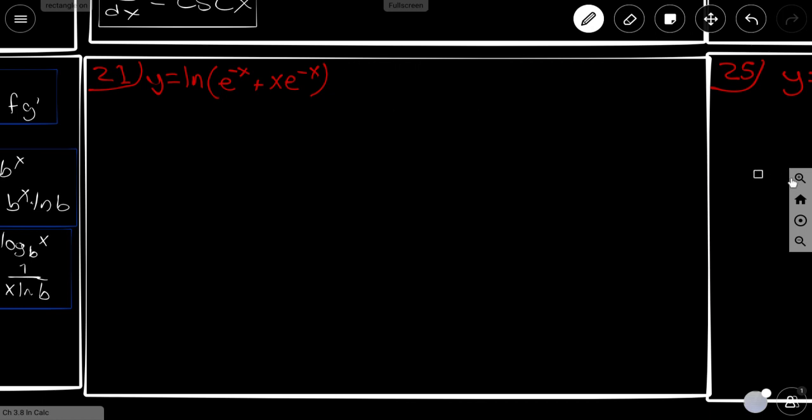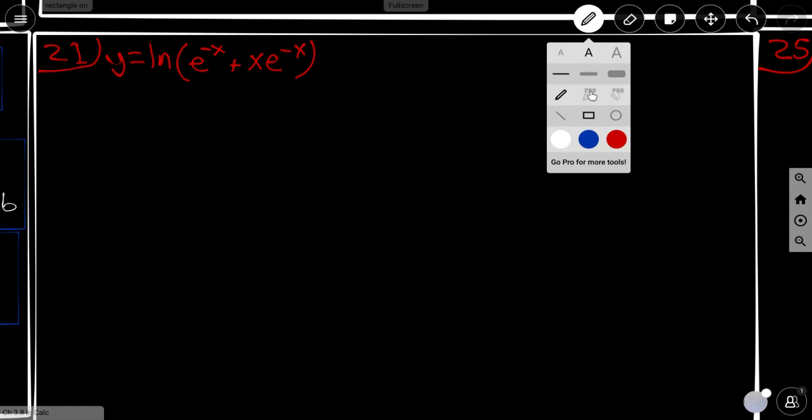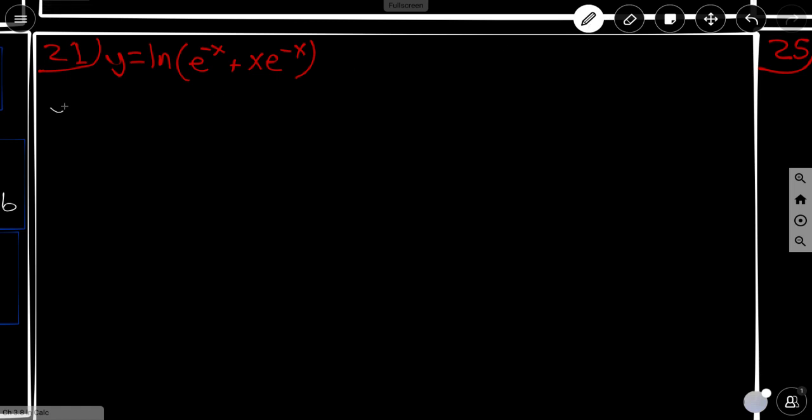Okay. I'm just going to start by simplifying first. Y equals ln. I'm going to factor out an e to the negative x, sorry, from 1 plus x.